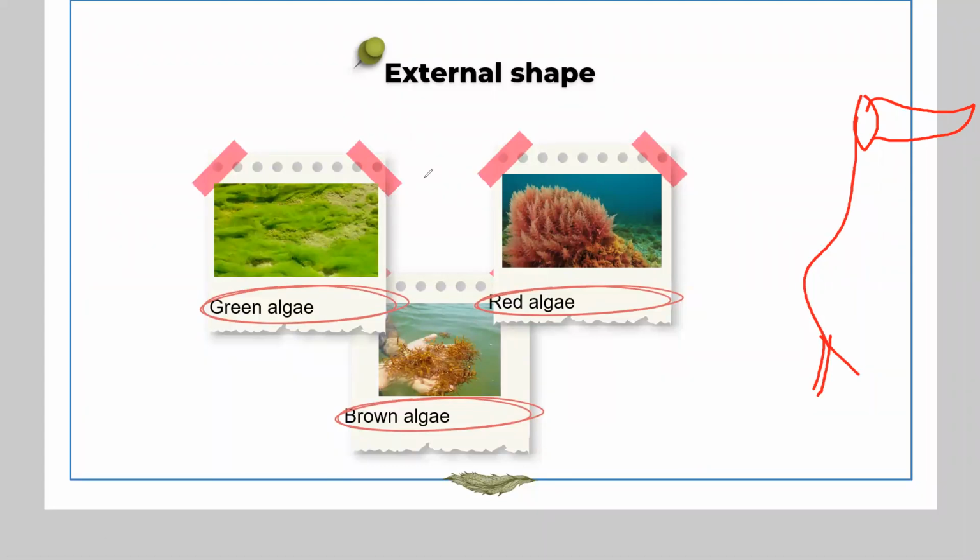No. Any leaf? No. This kind of plant is called algae, and we have three of them: green algae, red algae, and brown algae.